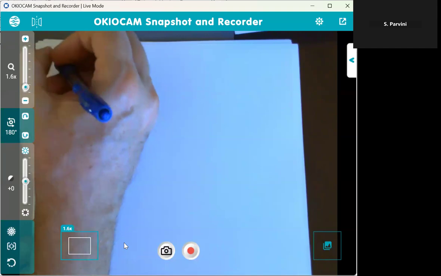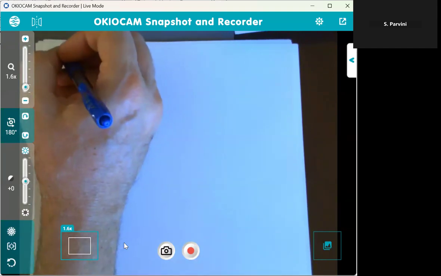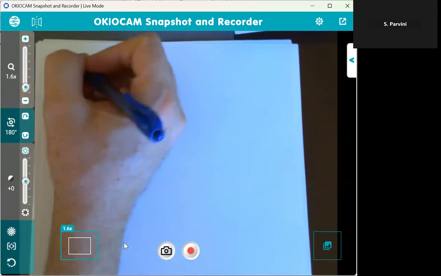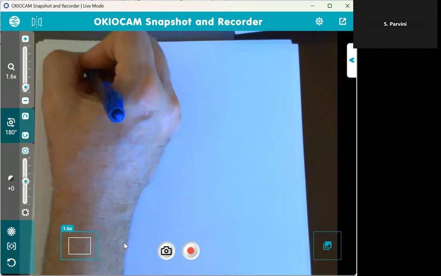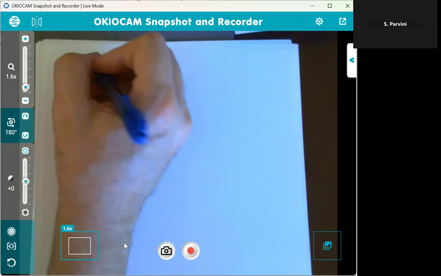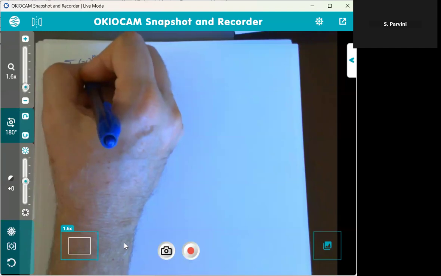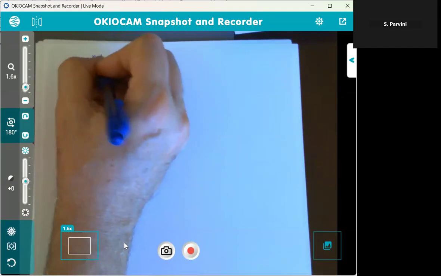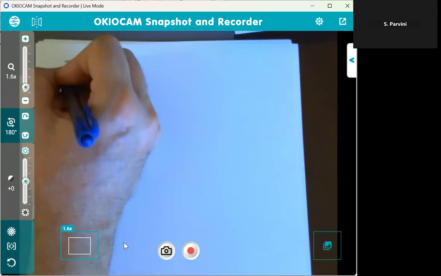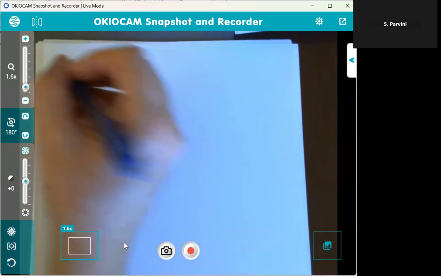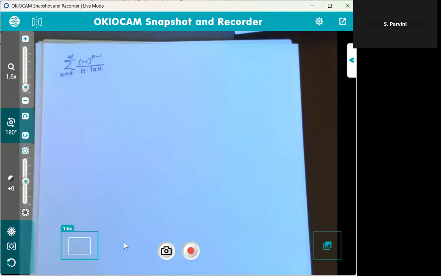There you go. So in this series, the series is sigma of -1 to the n minus 1 divided by n natural log of n. Okay, now n goes from 2. Let's make it go from 2 to infinity, not 1. They usually go from 1, but here we want to be different.